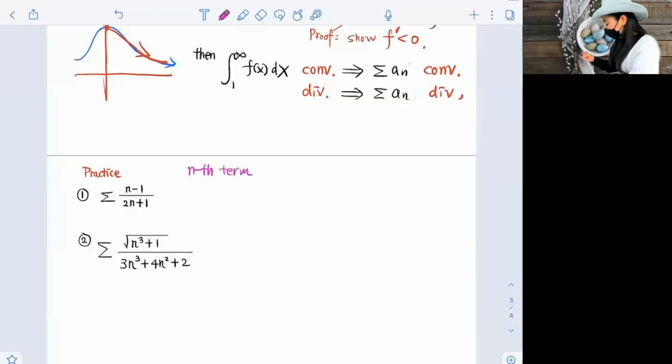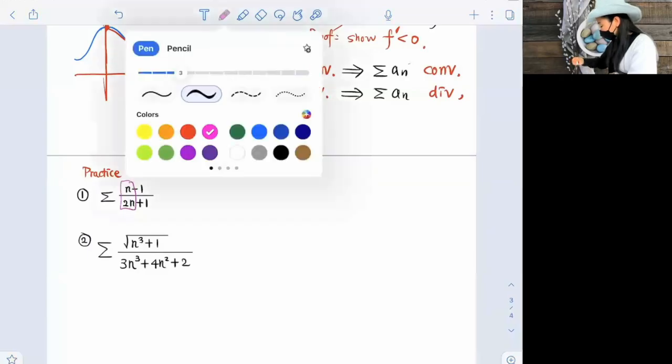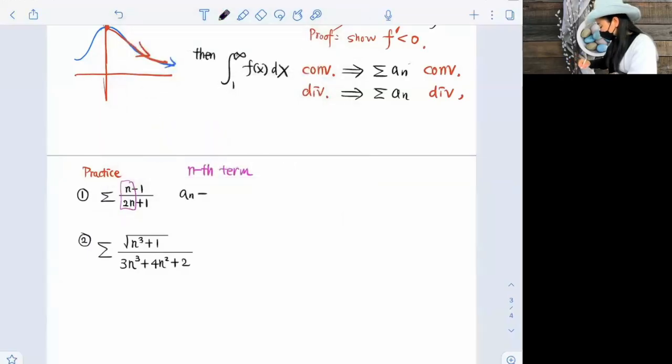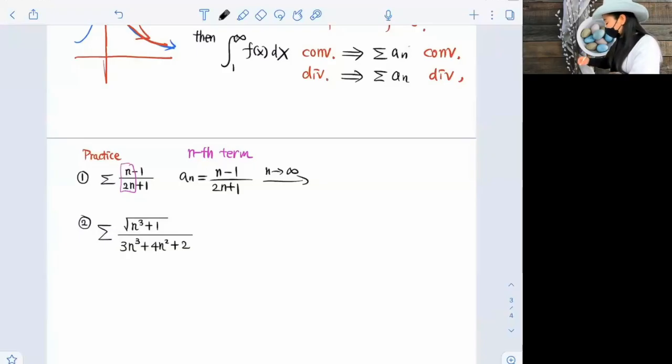So you look at the a_n, and the a_n over here is (n minus 1) over (2n plus 1). As n goes to infinity, what does it go to? It goes to 1/2, which is not 0. By the n-th term test, this series diverges.